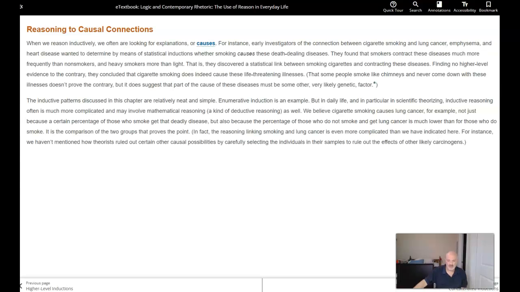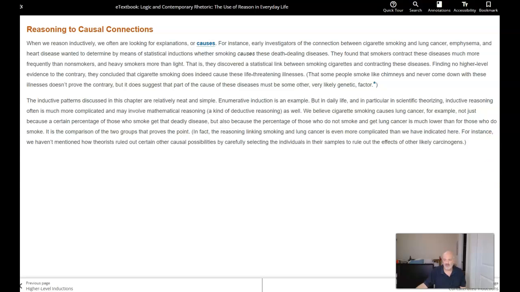Causal connections. This is right here. These first few sentences are the quote from page 48: the inductive patterns discussed in this chapter are relatively neat and simple, etc. That is their example of cigarette smoking, and how it works in several different directions, and there are several complications.